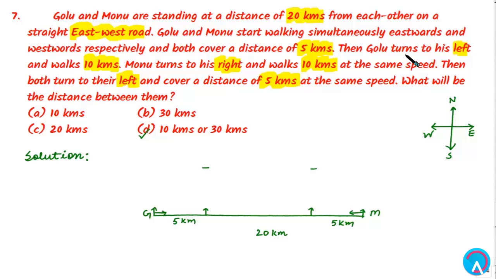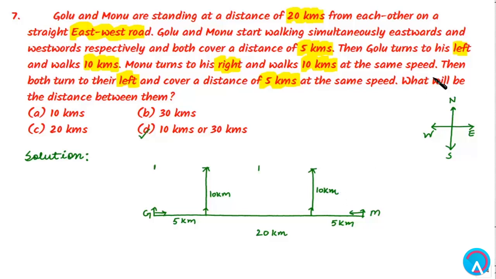Next it is given that Golu turns to his left and walks 10 kilometers. So if Golu from here turns towards his left, he will reach this position after covering a distance of 10 kilometers. And Monu turns towards his right, then he will reach this position after covering a distance of 10 kilometers.